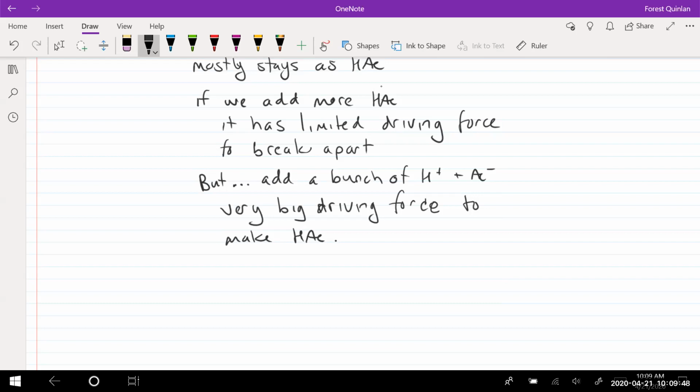Nature loves chaos. So entropically, it doesn't want to do that. Enthalpically, it says, yeah, but the energy we're going to get rid of by doing this is worth that cost of being more ordered. And therefore, Gibbs free energy says, H's and Ac's, yep, you're going to make HAc. And so if that's the system you wanted to look at, you're in good shape.